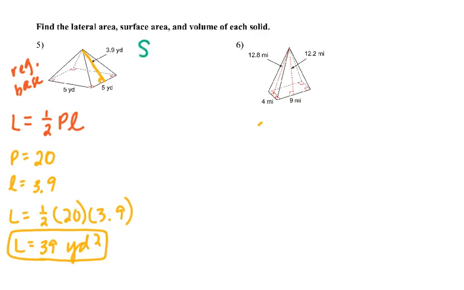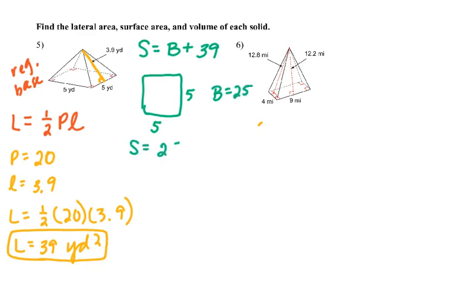Our total surface area is the area of the base plus the lateral area, and we already did that and found that that was 39 square yards. So this base is square, which is really handy because it means we can use the formulas. And the area of this base is 25 square yards. So this total surface area is 25 plus 39. And that is, I think, 64 square yards.